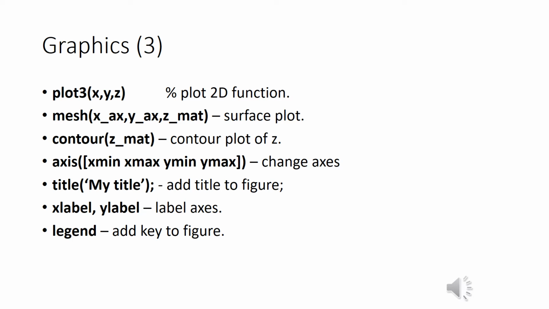Like X label is for labeling the X axis, and Y label is for labeling the Y axis. Then we have another keyword which is legend, and actually it adds a key to the figure to which it is applied.